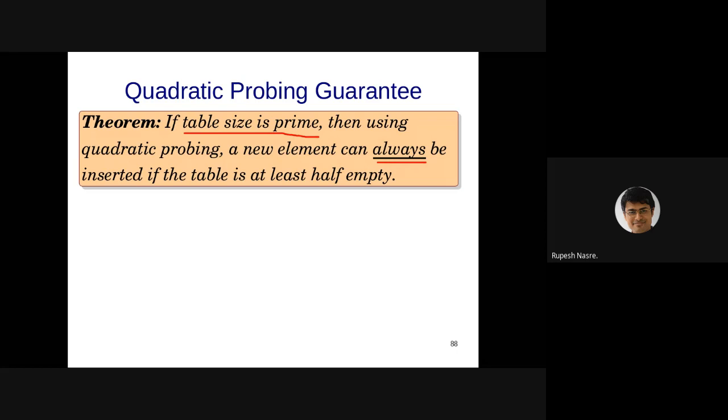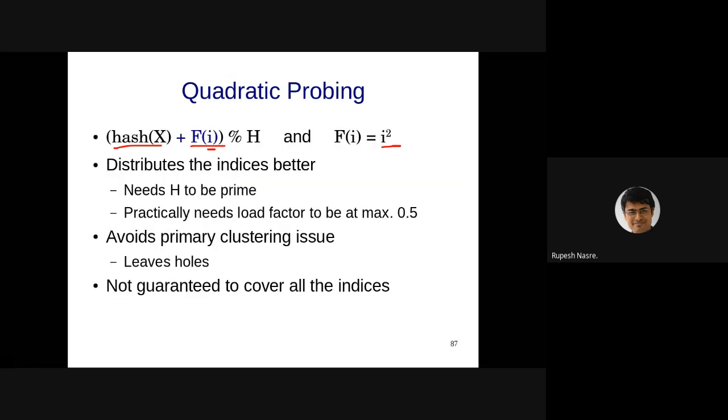So the one specific issue that we mentioned here is that it is not guaranteed to cover all the indices, right? Because you are looking at hash of x, then hash of x plus 1, hash of x plus 4, hash of x plus 9, and so on. And then it is going to wrap around and come back and so on. So it might not cover all the indices.